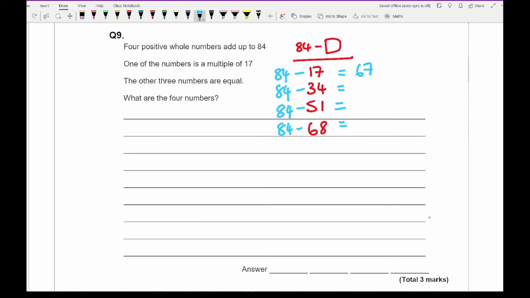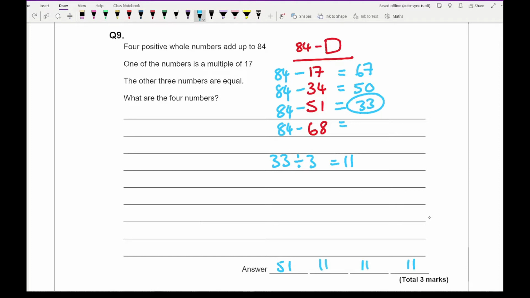That's not a multiple of 3, so it's not going to be that one. 84 take away 34 equals 50, so that's not going to work. 84 take away 51 is 33. Now that is a multiple of 3, so 33 divided by 3 equals 11. So that means the multiple of 17 is 51, and the other numbers are going to be 11.